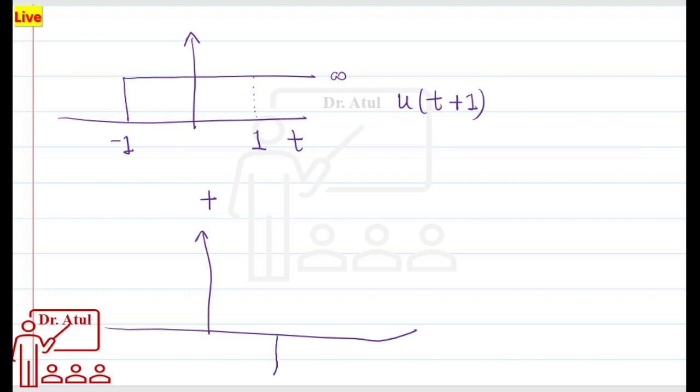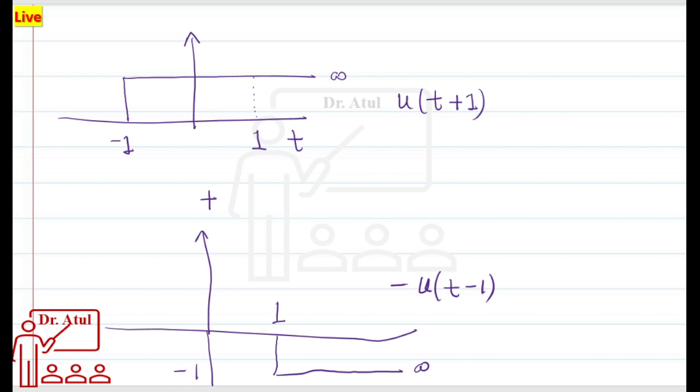So I have to add a value of minus 1 at t equal to 1. When I add minus 1, then this will become 0. So what will be the equation for this signal? Minus of u(t-1).